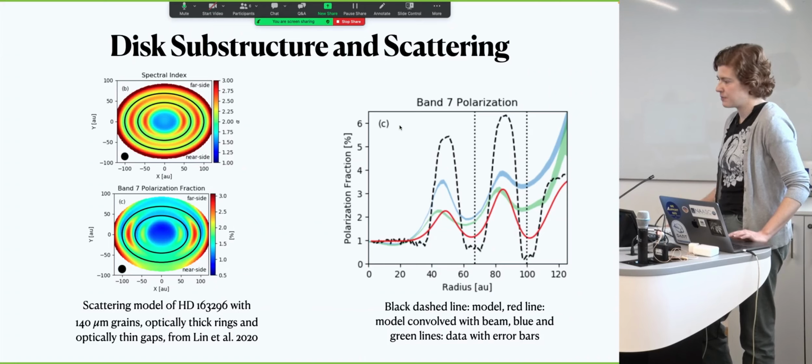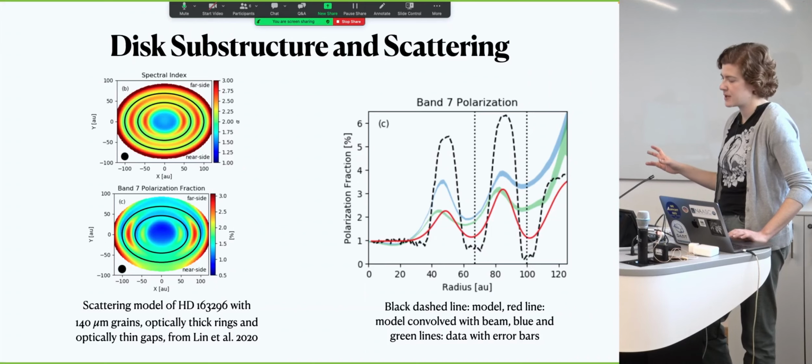This is showing polarization fraction versus disk radius, where this black dashed line is the unconvolved model, and the red line is the model convolved with the beam. So you can see that convolving with a beam smooths out these fluctuations in polarization fraction that are correlated with the ring and gap substructures.